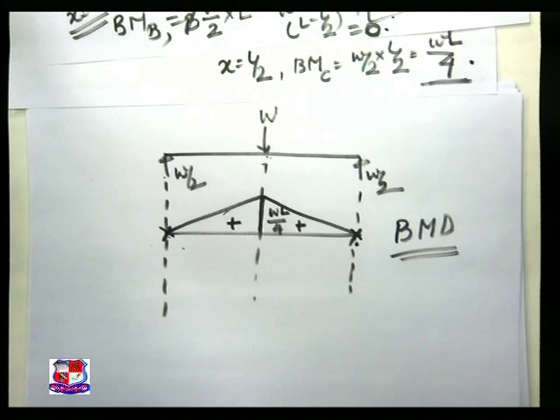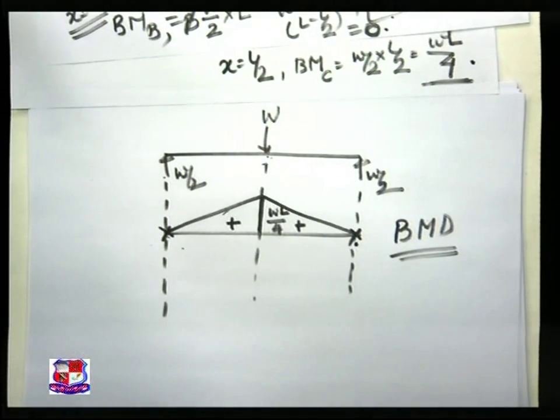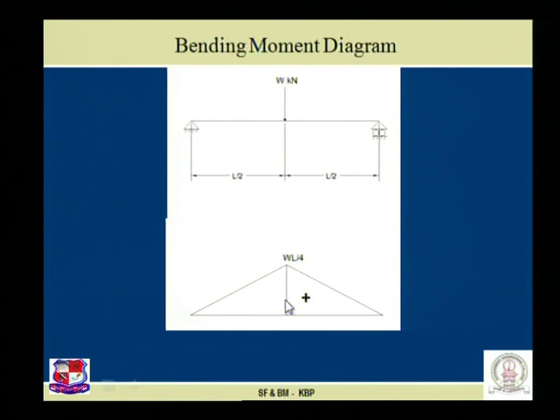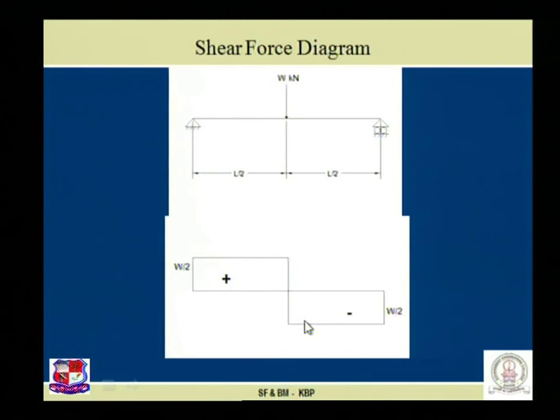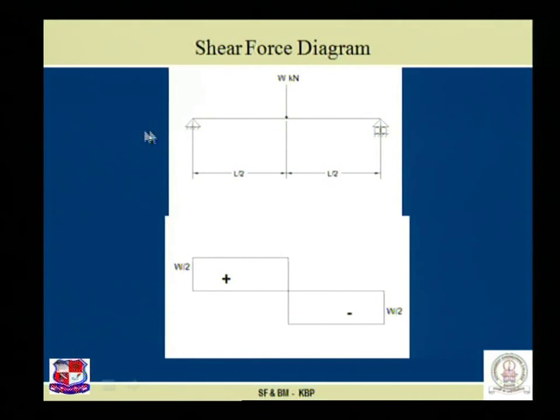Please observe here. See this bending moment diagram. For a simply supported beam, this is the variation of shear force, and this is the variation of the bending moment diagram. Let us see once again the critical comments. Between two point loads, if there is no load, the variation of shear force is given by a horizontal straight line.